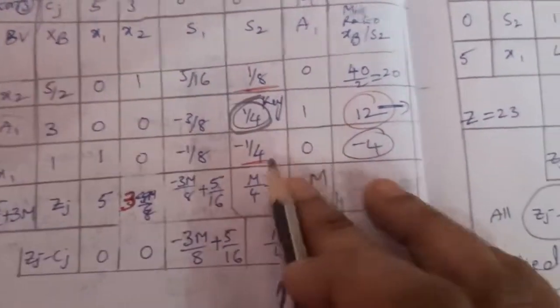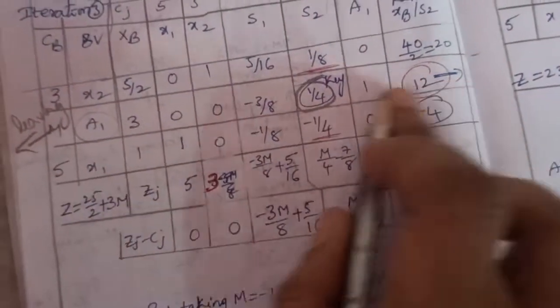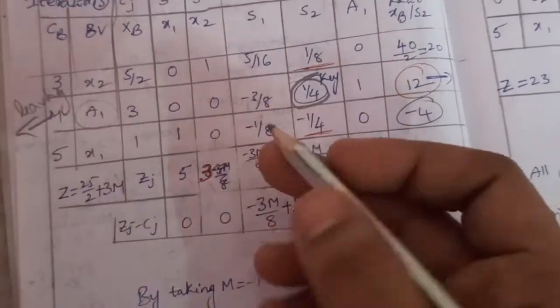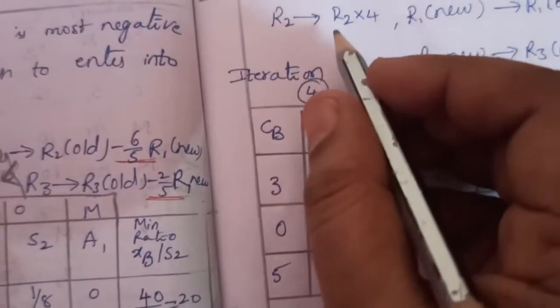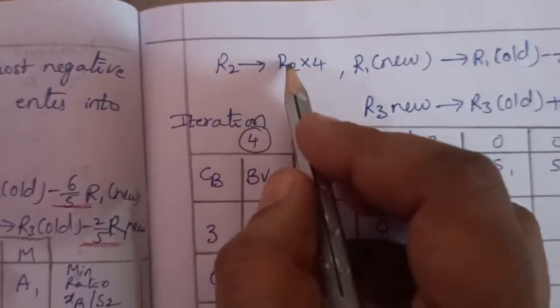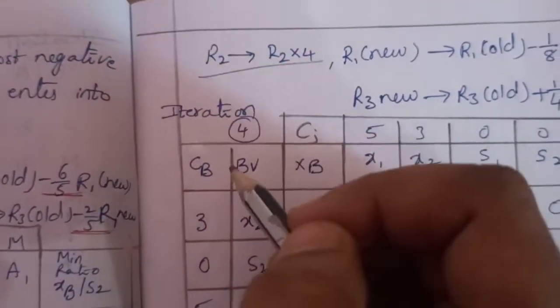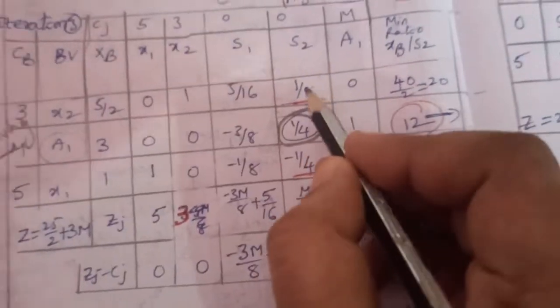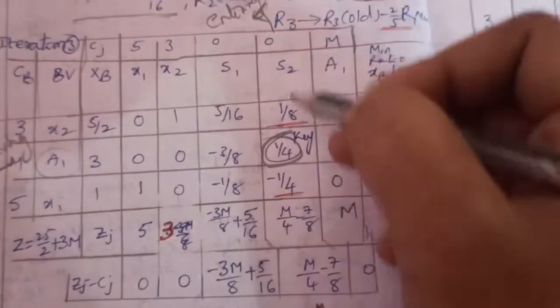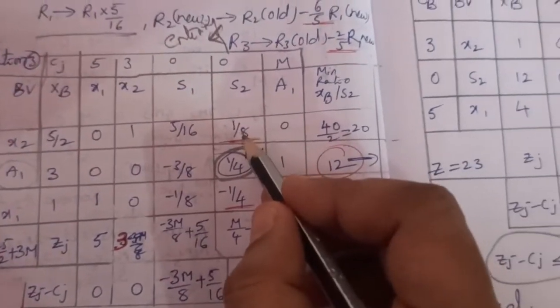So that's why here we have to divide this key row R2 by 1 by 4. So R2 changes to R2 into 4 is the one thing, and R1 new changes to R1 old minus, here we have 1 by 8, isn't it? In the key column we have 1 by 8 for R1.